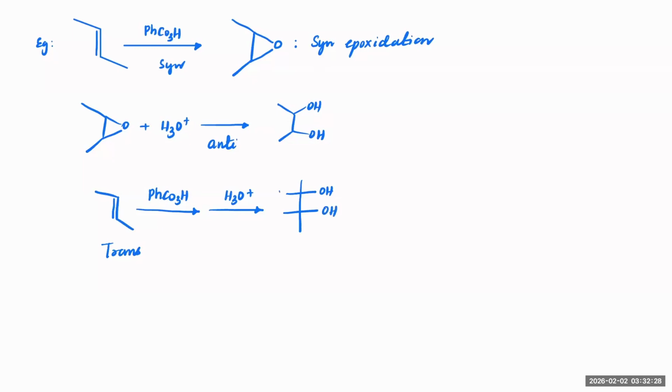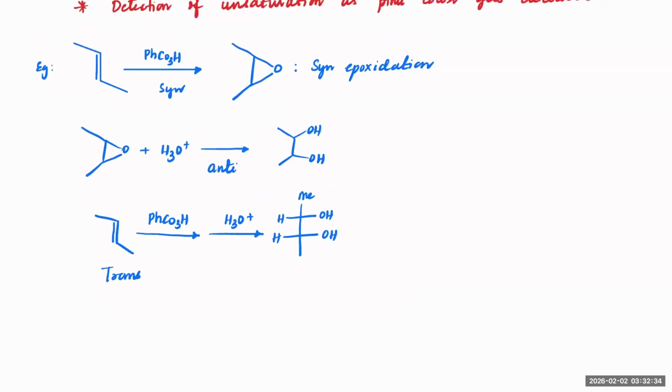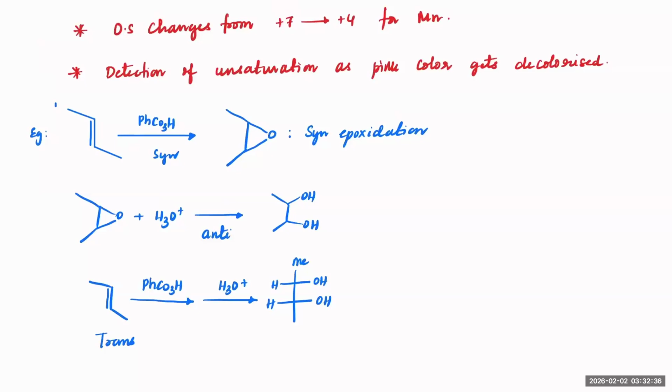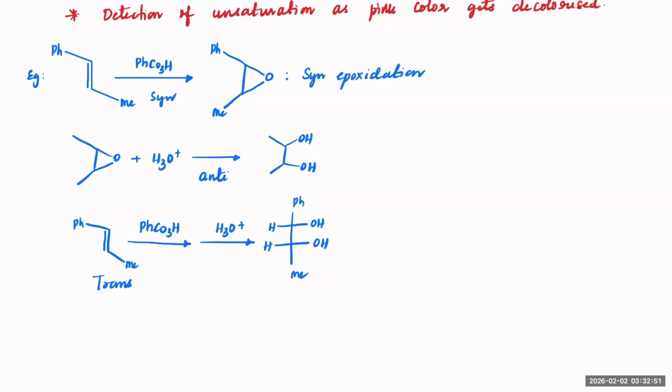So trans plus anti will make it again meso. So you still have this meso form. Just to differentiate, I'll put phenyl here and methyl here, phenyl and methyl. So above I'll put phenyl and here methyl.